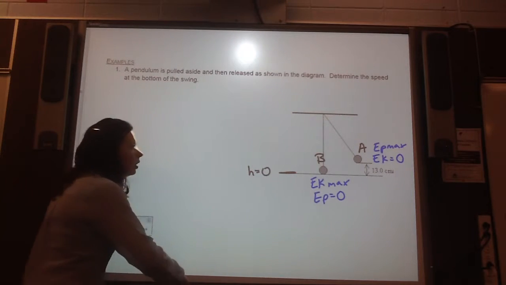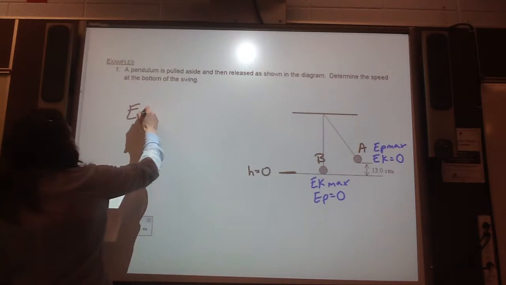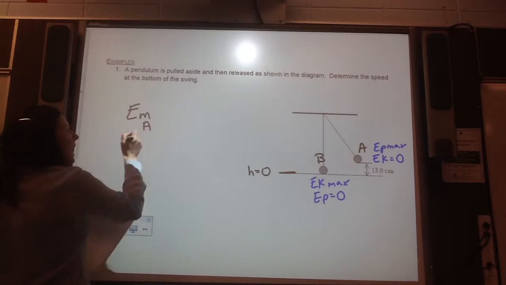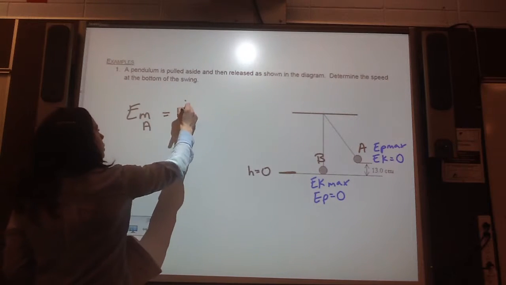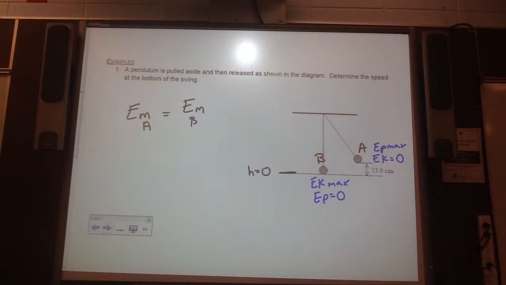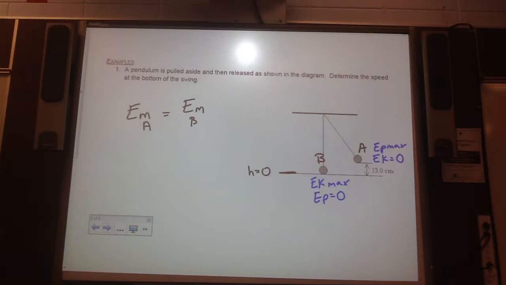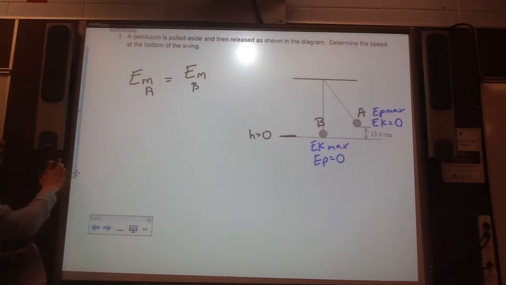Okay, so then we can use our theory of conservation of energy and say EM at point A is equal to EM at point B. Now let's expand each of these formulas a little bit.